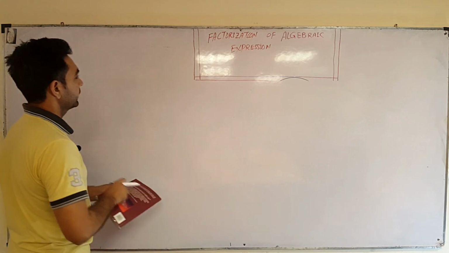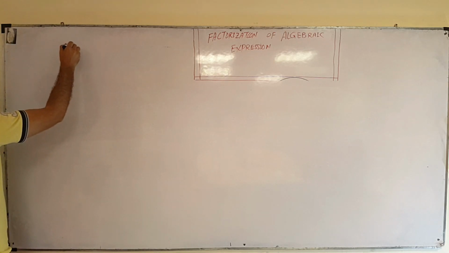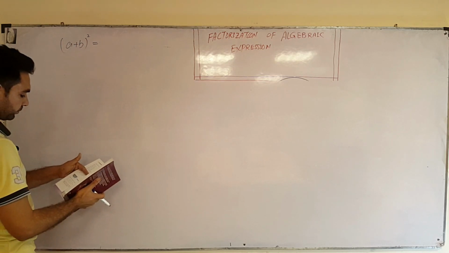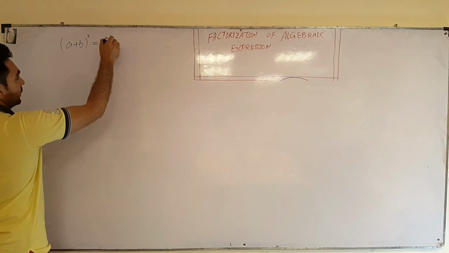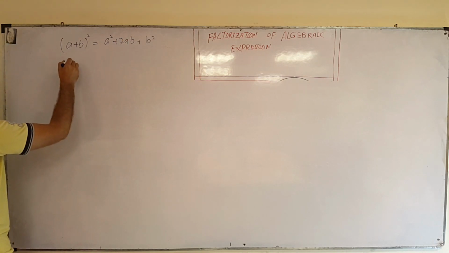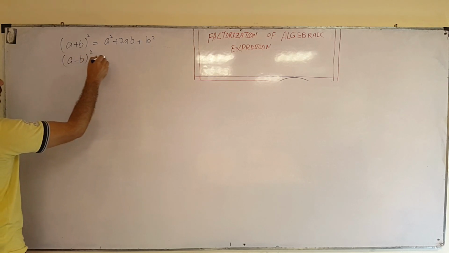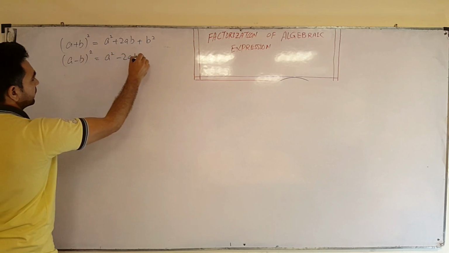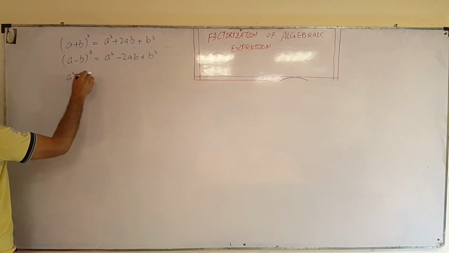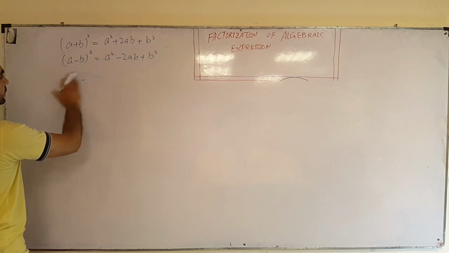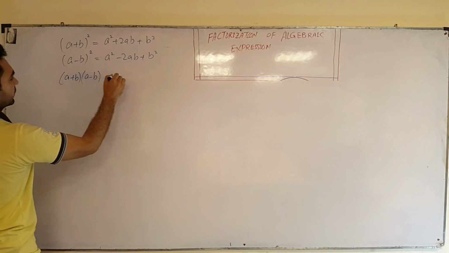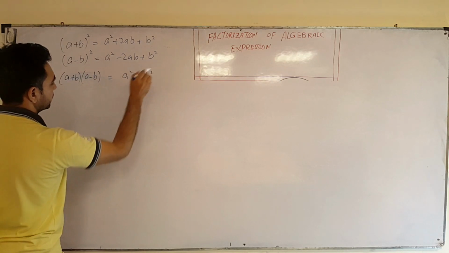The algebraic identities that we have learned were that (a plus b) whole square equals a square plus 2ab plus b square, or the other way around, (a minus b) whole square equals a square minus 2ab plus b square, and a square minus b square equals, or the other way around, (a plus b) into (a minus b) equals a square minus b square.